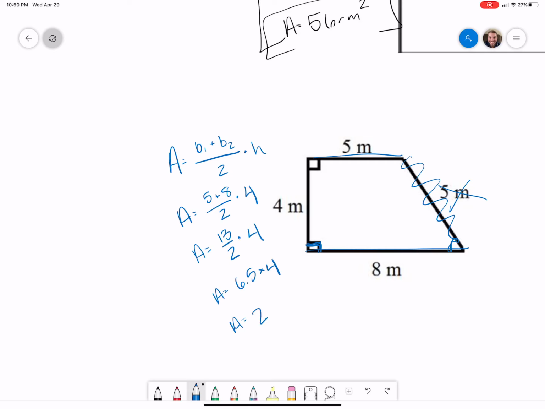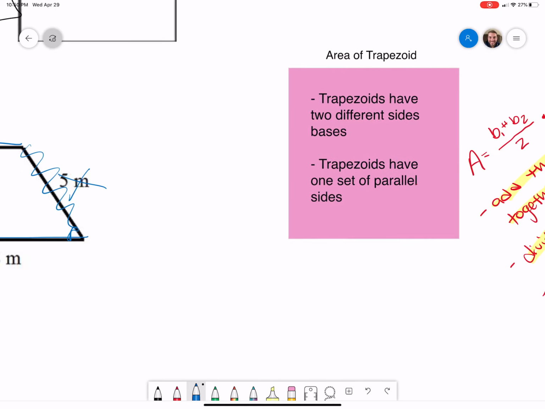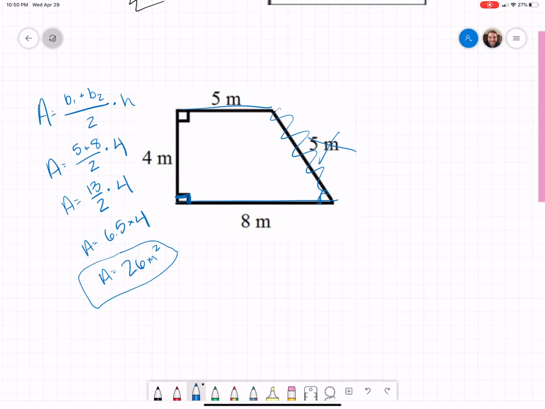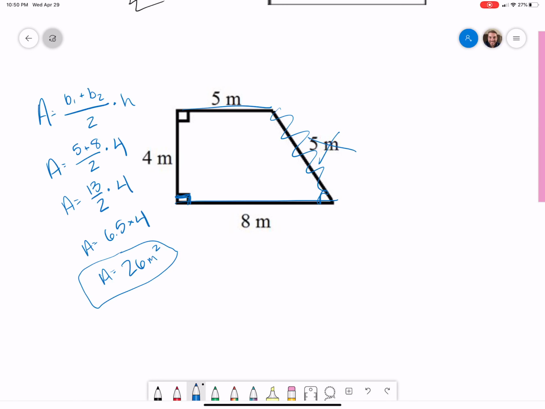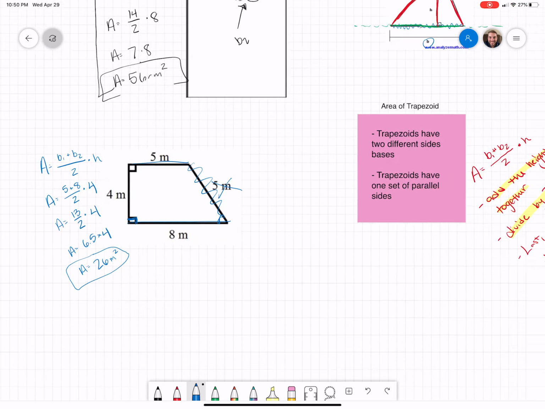Okay, it's 26 meters squared. Right? You add the bases together, you divide by 2, and then you multiply by the height. So remember that as we go through this. So I'm going to give you another example.